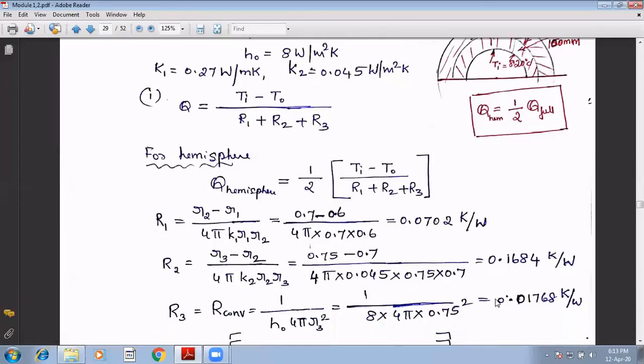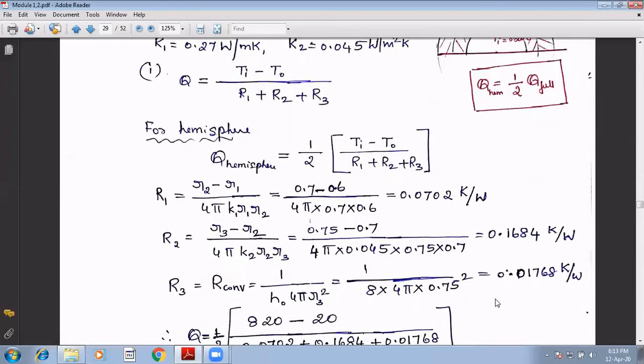And as I told you, R3 is nothing but convective resistance, 1 over HA. Okay. So area is surface phenomena, 4 pi R squared, R is nothing but R3.